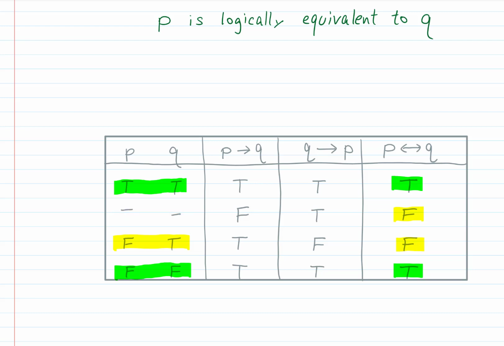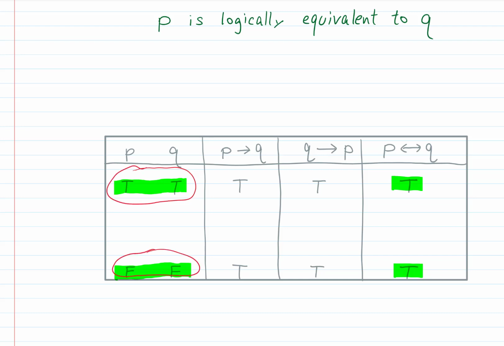Let me in fact erase the other ones. So the only time that P if and only if Q is true is if the truth values for P and Q match.